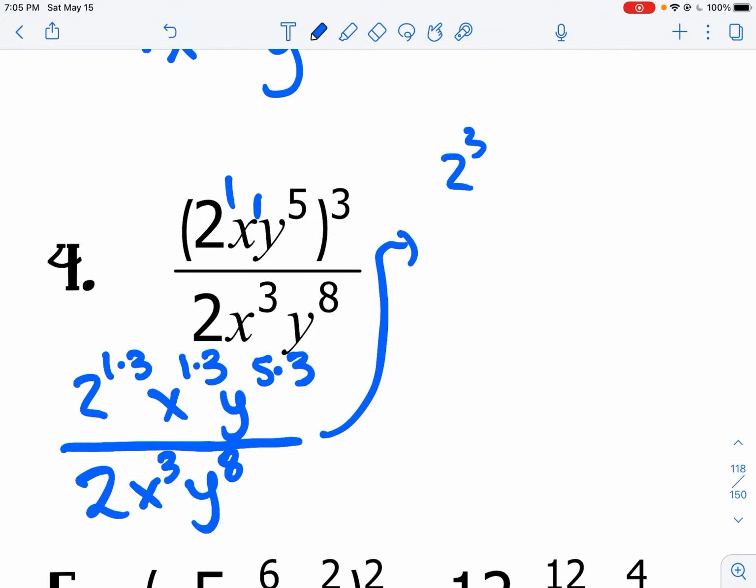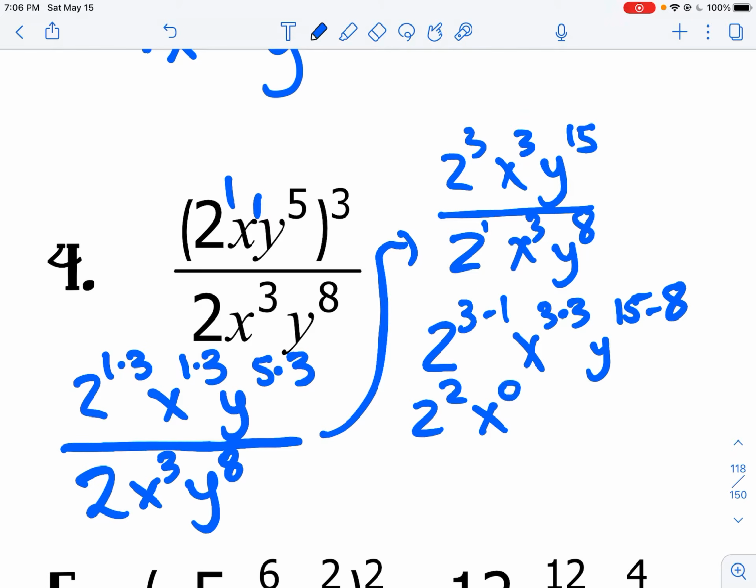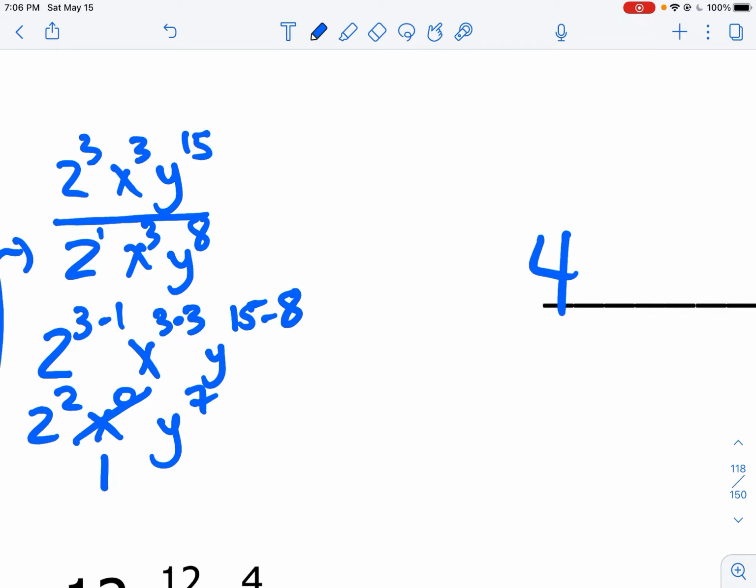So I have now 2 to the 3rd, x to the 3rd, y to the 15th, over 2, and that's to the 1st power, x to the 3rd, y to the 8th. So I subtract my exponents, 2 to the 3 minus 1, x to the 3 minus 3, y to the 15 minus 8. That would get me 2 squared, x to the 0, y to the 7th. Now remember, x to the 0 power just becomes 1. So 2 squared is 4, y to the 7th.